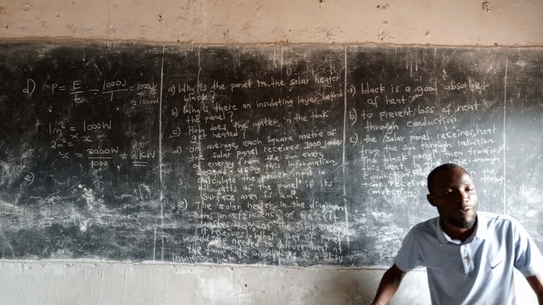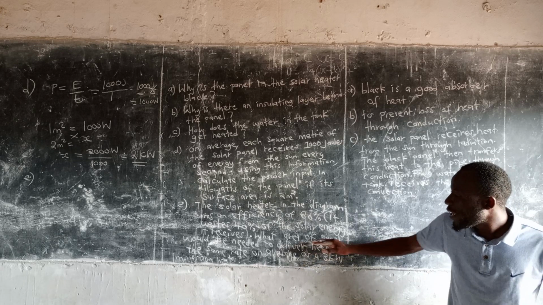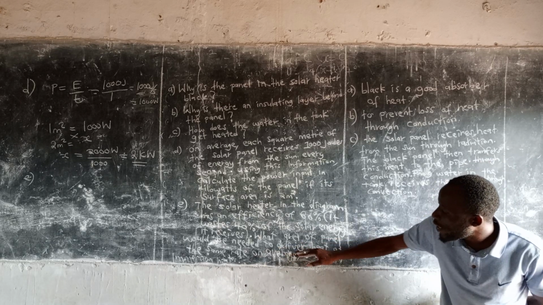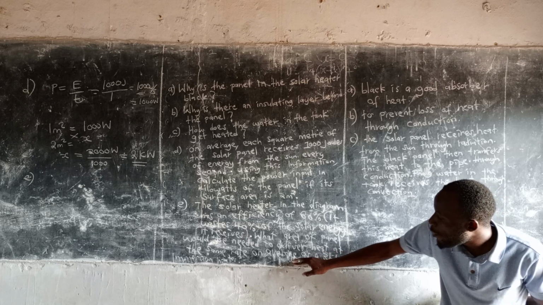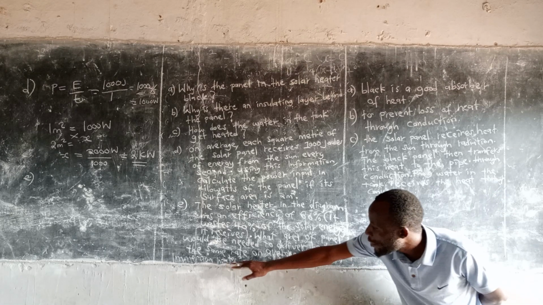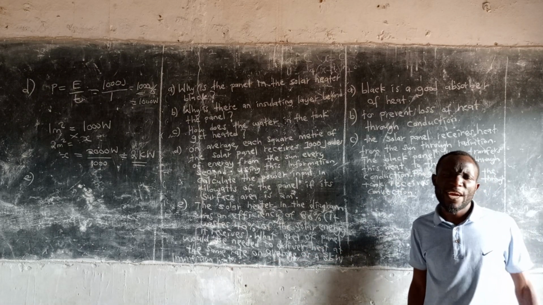Are we together? 40% is going to waste. What area of the panel is needed to deliver energy at the same rate on average as a 3 kilowatt immersion water heater?